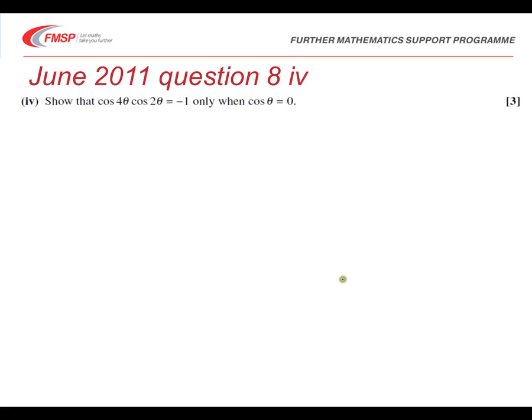Similarly, but possibly slightly easier, here we're solving cos 4 theta, cos 2 theta is negative 1, so we're actually starting off with 16c to the 6 minus 24c to the 4 plus 10c squared minus 1 is negative 1.